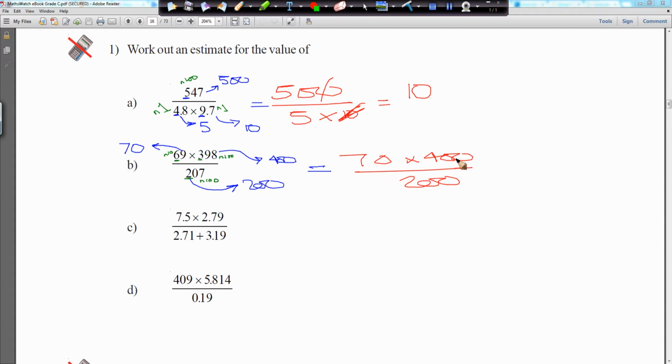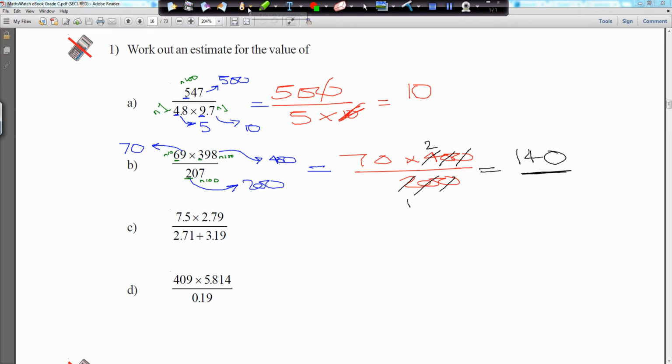We divide the top number by 10 and the bottom by 10, the top by another 10 and the bottom by another 10. Now we're left with a 4 and a 2. Divide the 2 by 2, it gives 1. Divide the 4 by 2, that gives 2. So we're left with 70 times 2 on the top, which gives us 140. Double 7 is 14, add the 0, and that's done.